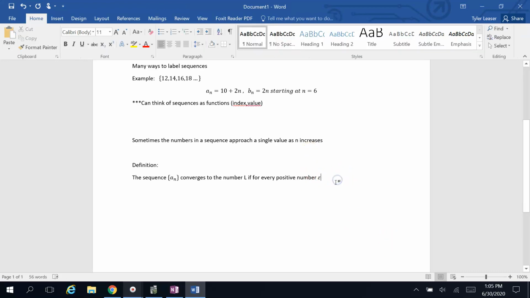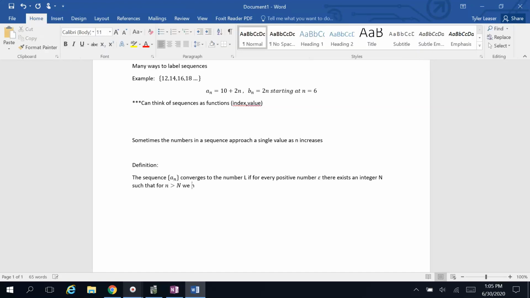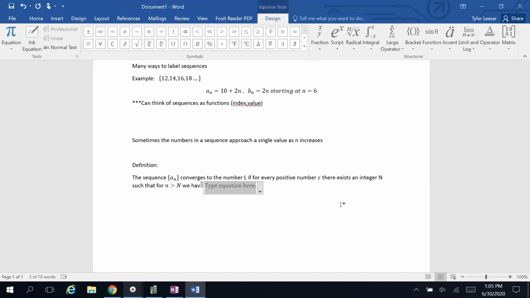Epsilon, I'm sure you've seen it before in your other calculus classes. Reading back through it, the sequence a sub n converges to the number L if for every positive number epsilon there exists an integer, capital N, such that for little n greater than this capital N, we have the absolute value of the sequence values minus the limit is less than epsilon.